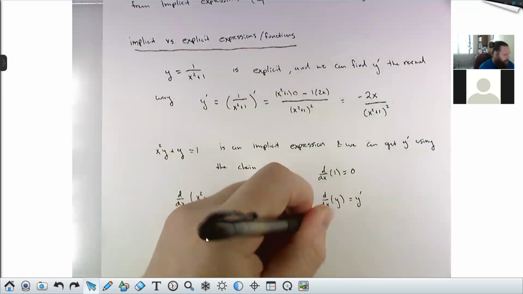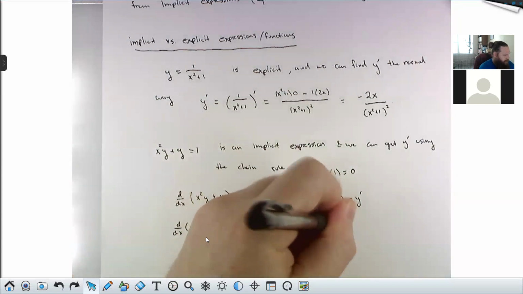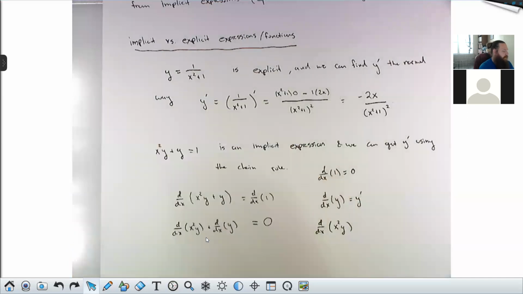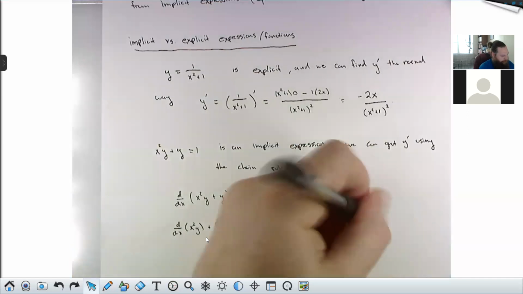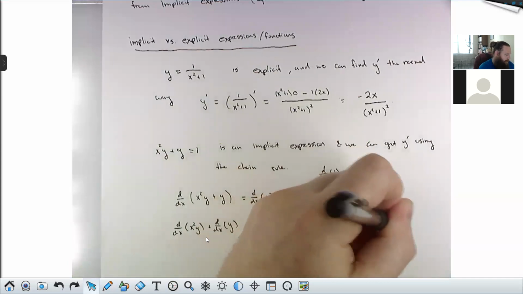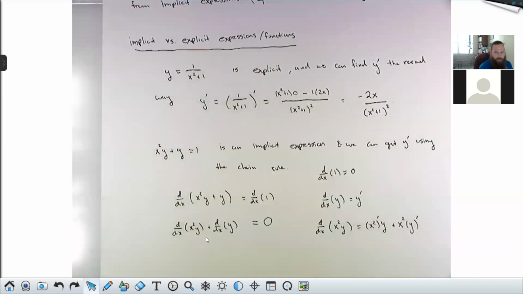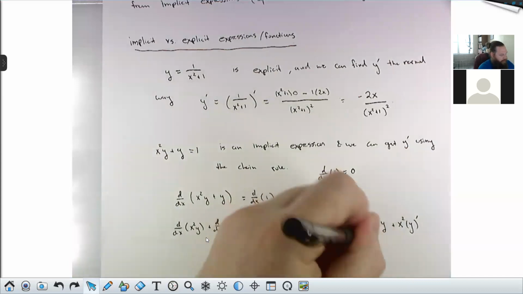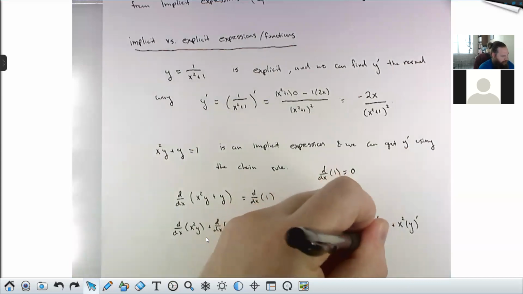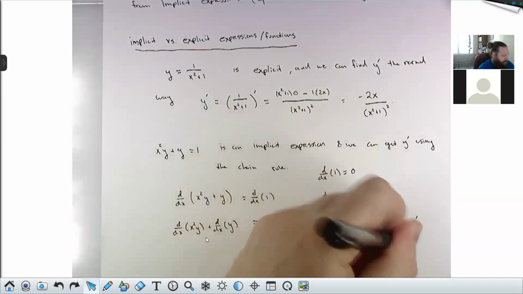And then the other piece we have is d dx of x squared times y. And this requires a product rule. This would be x squared primed times y left alone plus x squared times y primed. The derivative of x squared taken with respect to x is 2x, so I get 2xy plus x squared.